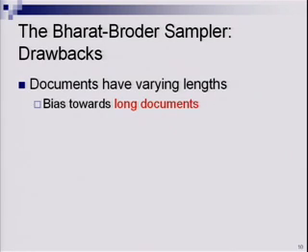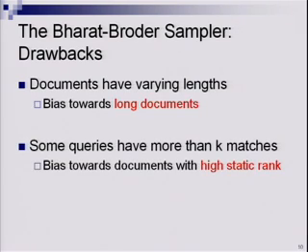The major bias is towards long documents. Long documents are much more likely to be sampled using this approach. The reason is that they just match many more pairs of terms, so it's much easier to find terms that will match long documents. The second problem is bias towards pages that have high static rank or high page rank.